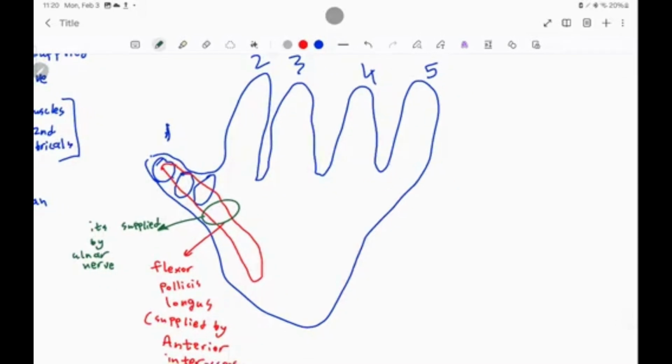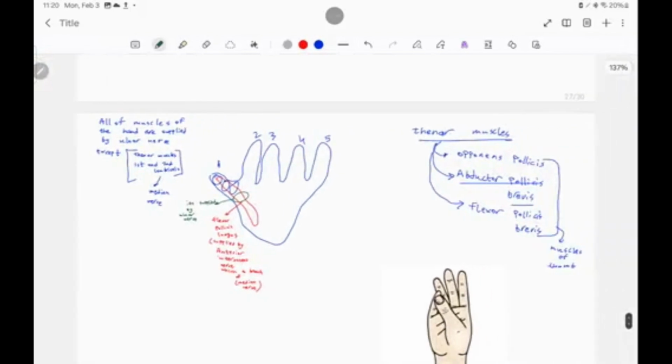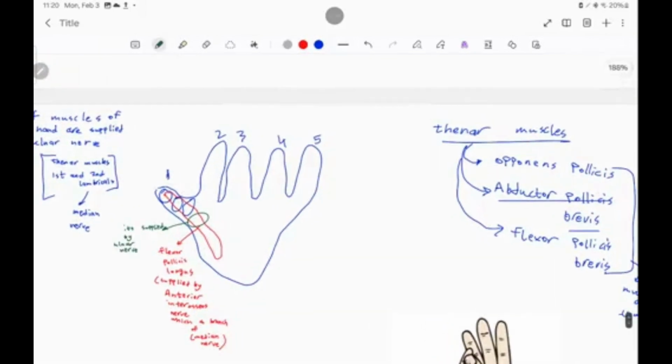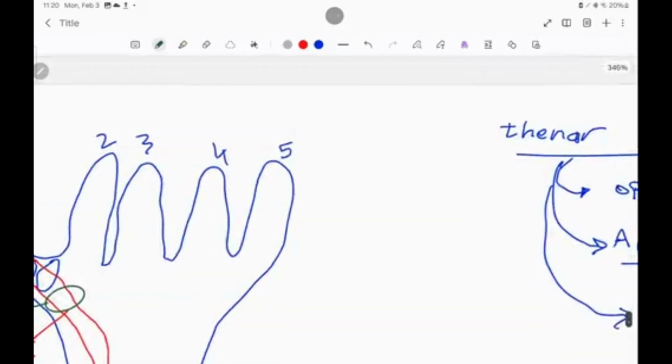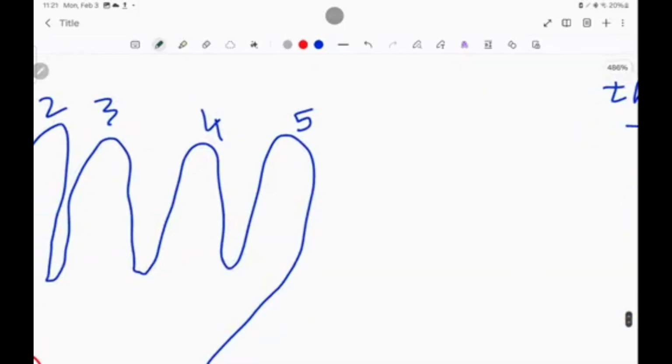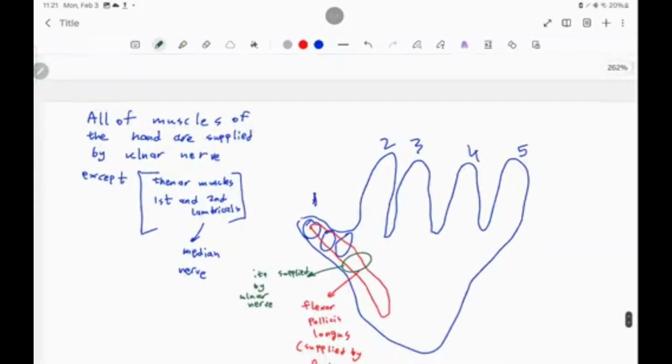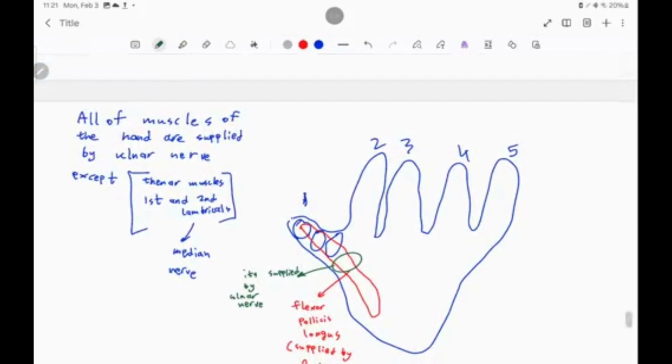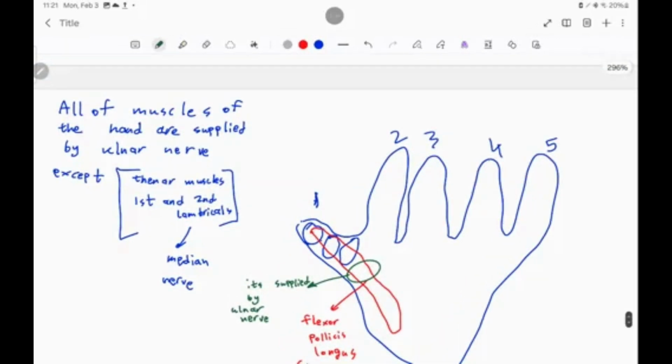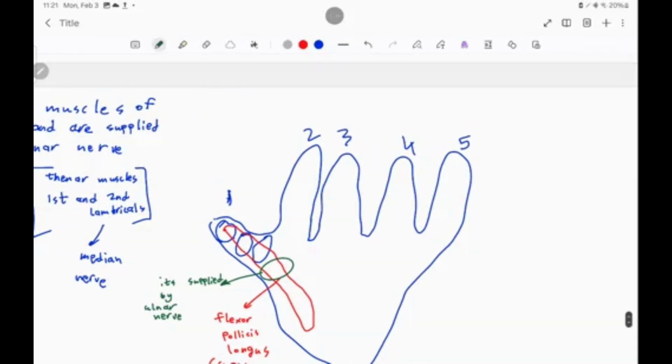Okay. Let's talk about now the little finger. Which muscles can we find here? We can find three or four muscles similar to that of the thumb, but the muscles of the little finger are not first and second lumbricals, nor are they thenar. They are different. So they are supplied by which nerve?